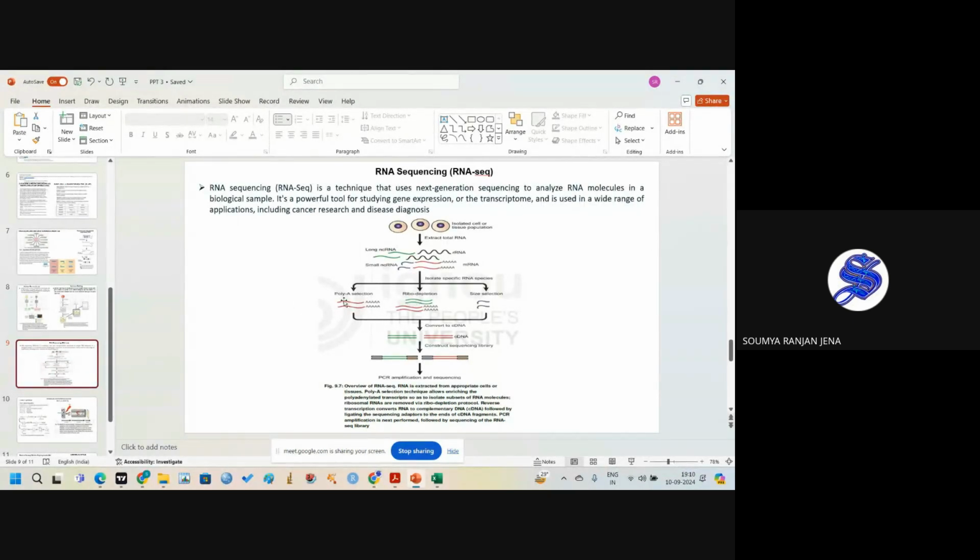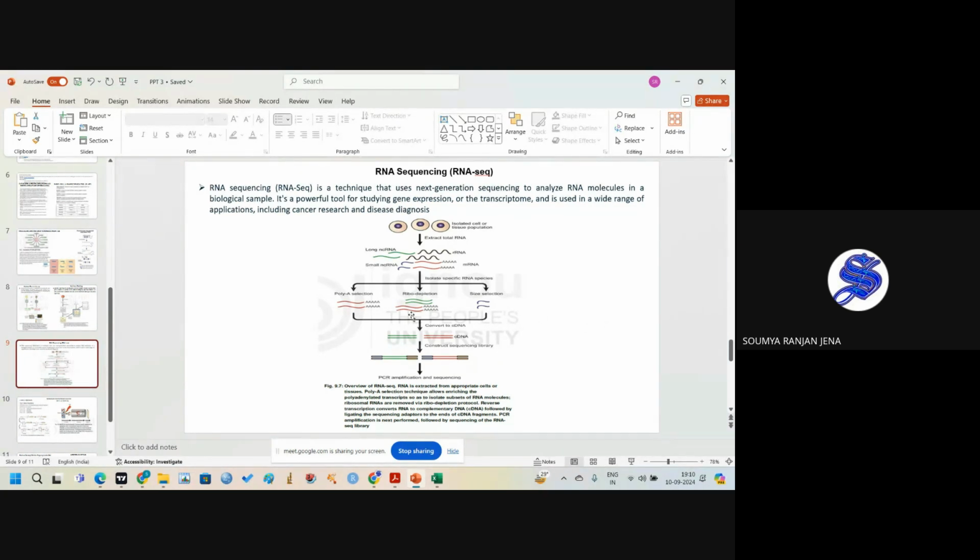The mRNA has a poly A tail, which you can select using an oligo dT primer, that is TTTT. It will bind to the mRNA and synthesize a cDNA product. If you ribodeplete, you will find only the different small non-coding RNAs, and you can also choose size selection by using different chromatography methods.